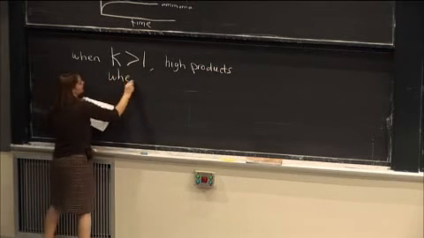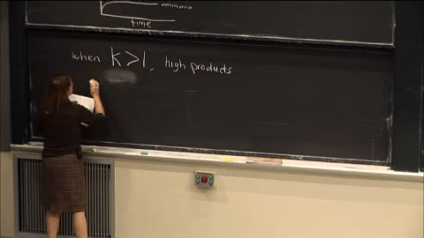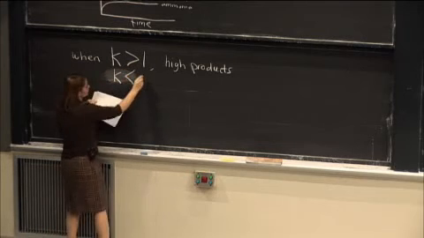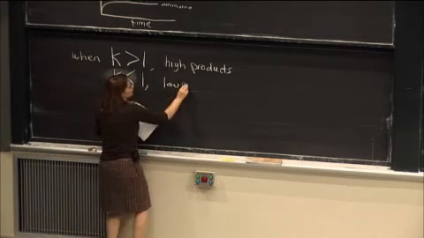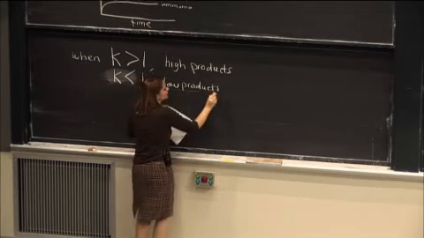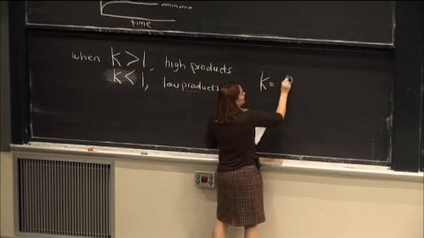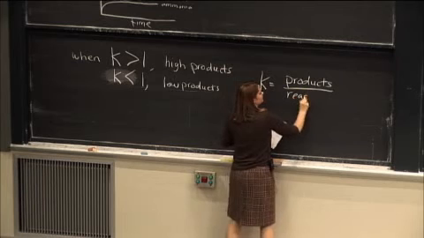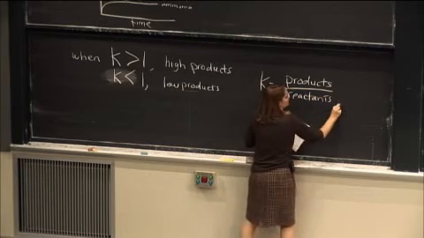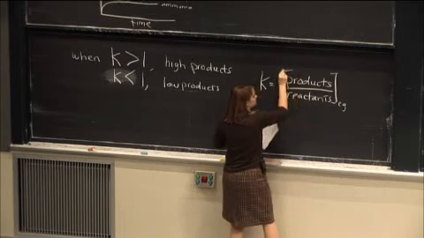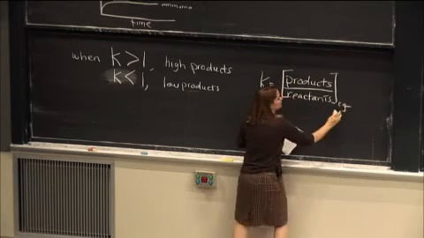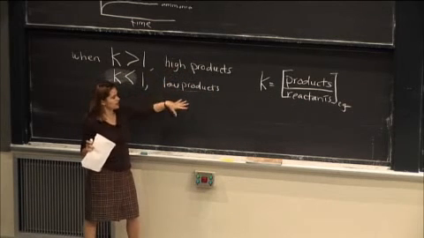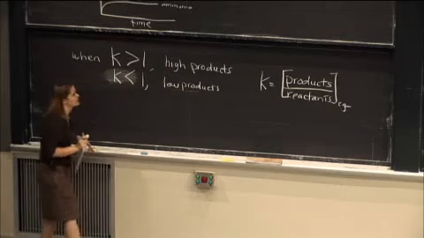When you have K less than 1, we're going to have lower products. So again, think about K in terms of products over reactants at equilibrium. So if K is greater than 1, there are more products than reactants. If it's less than 1, there'd be less reactants than products.